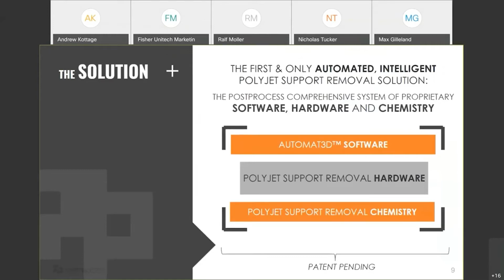And that's where we have our teams here at PostProcess working on really that comprehensive approach, making sure that the software is taking full advantage of the hardware capabilities and what the chemistry needs to be optimized. So that's really the way we approach each one of our problems, to take those 3 legs and attack that problem, making sure that there's a synergy that happens there to create the optimized solution.